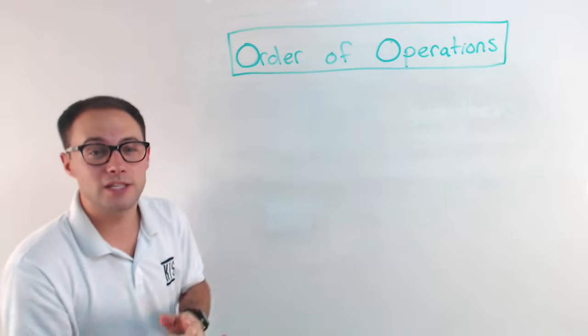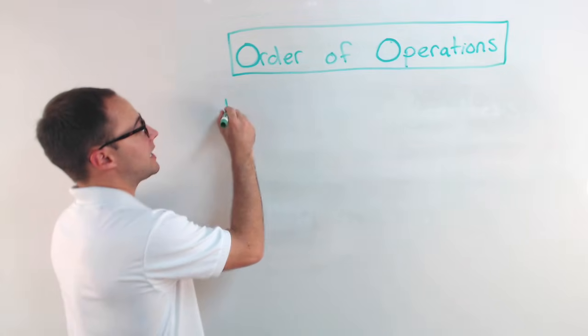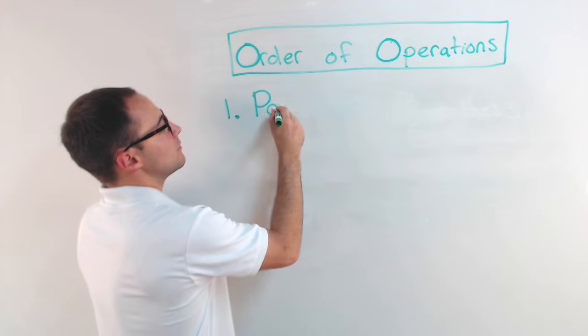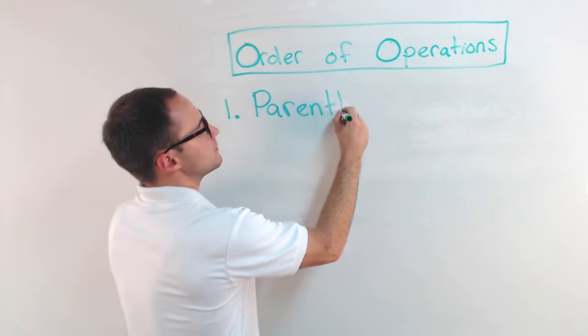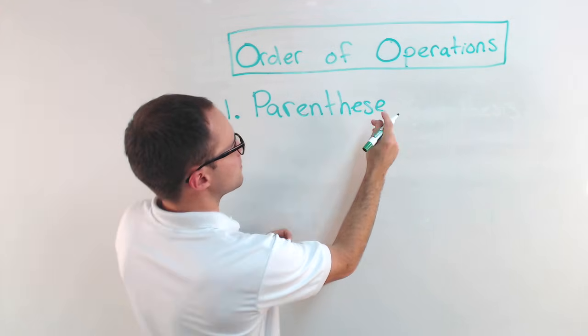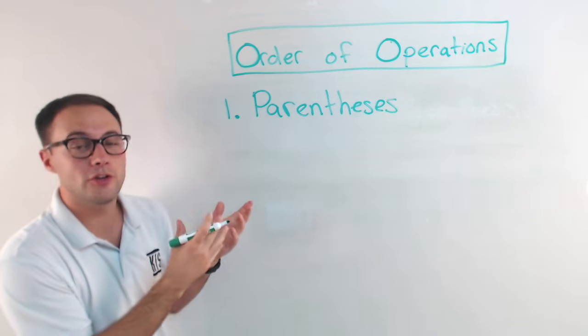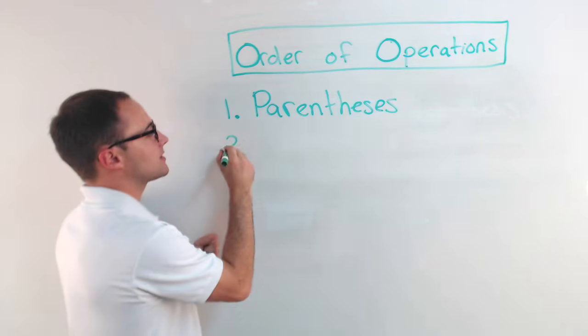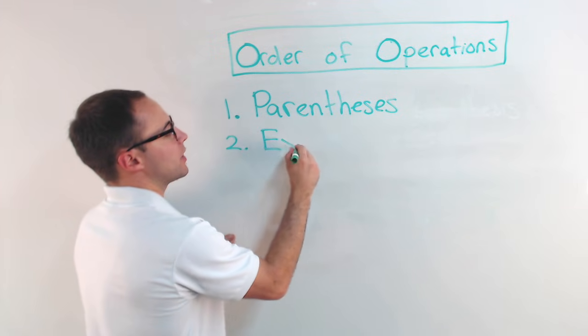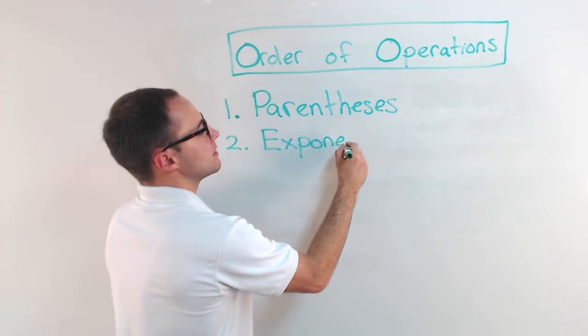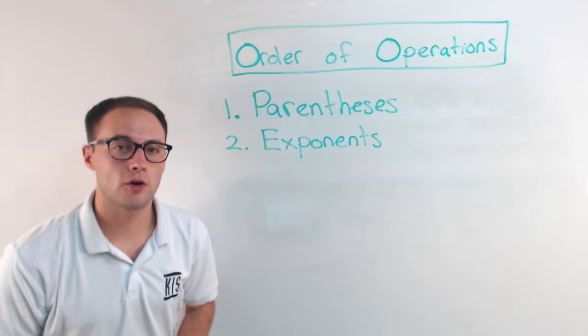So the operation that we do first is anything in parentheses. After you do anything in parentheses, next, if you have any exponents, you take care of those.